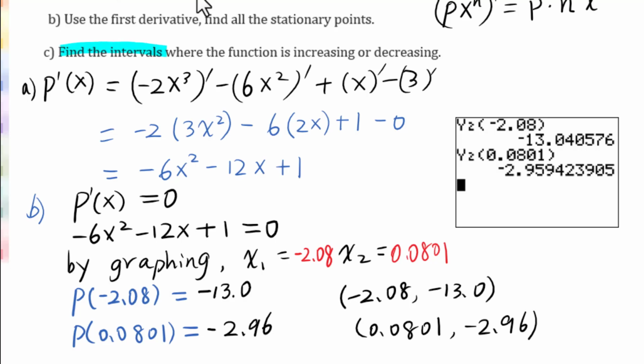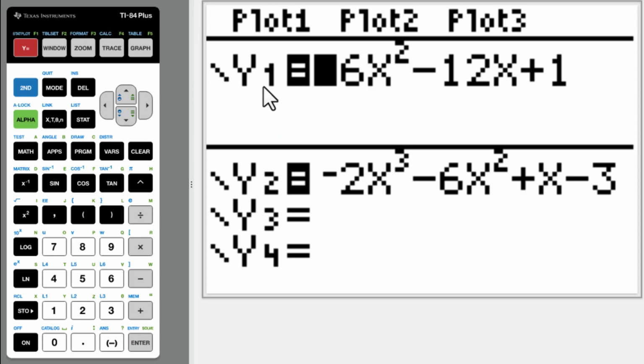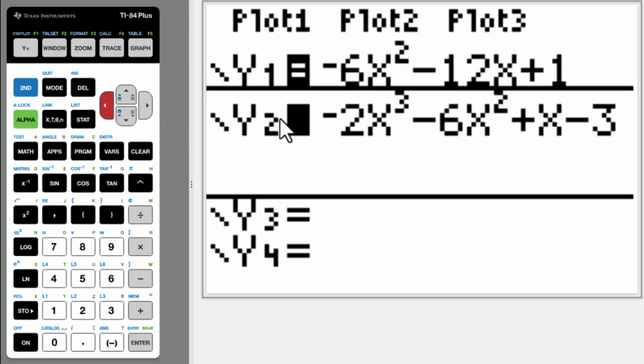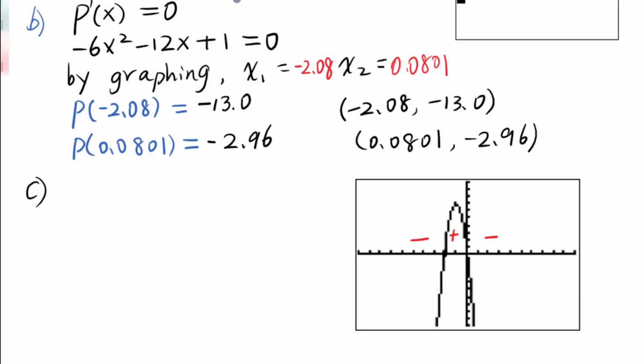Find the intervals where the function is increasing or decreasing. Remember, we only use the derivative of the function. So unhighlight the original function. Graph. Above the x-axis is positive.